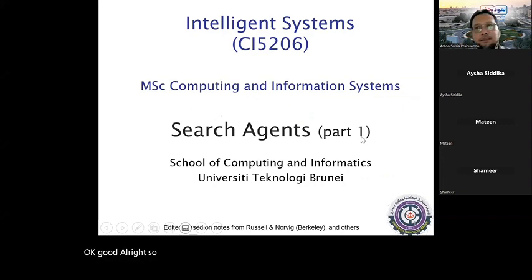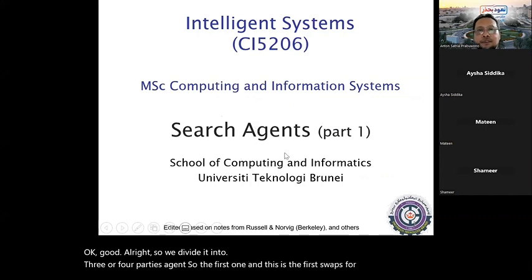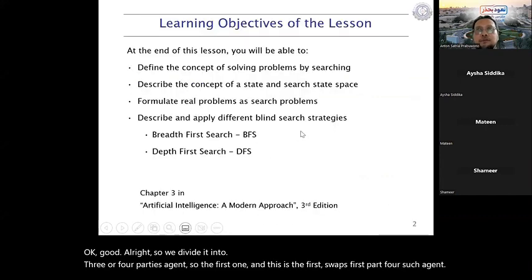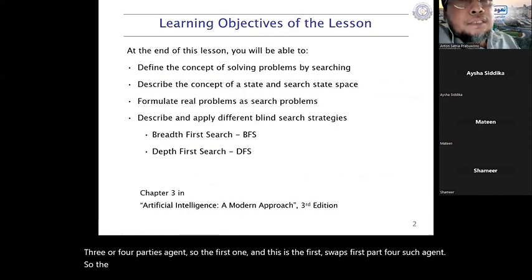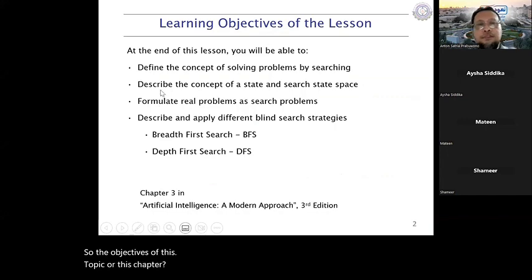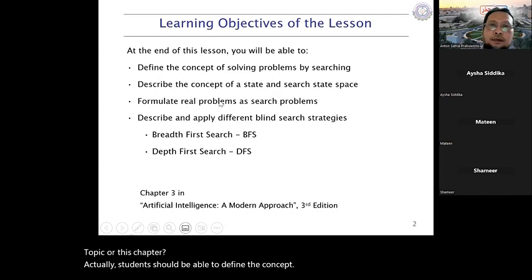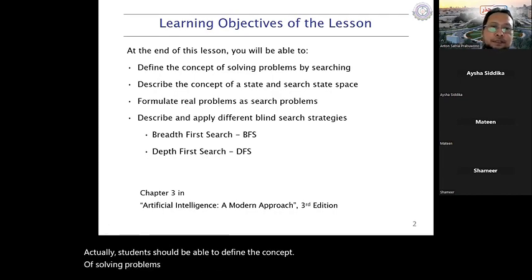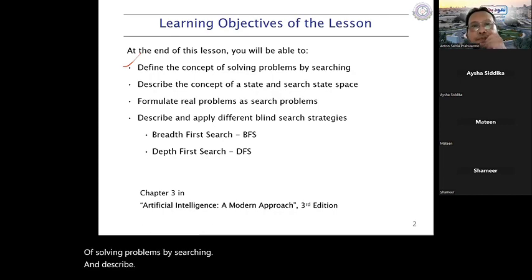Right, so we divide it into 3 or 4 parts. This is the first part, for search agents. The objectives of this chapter: students should be able to define the concept of solving problems by searching, and describe the concept of state and state space.